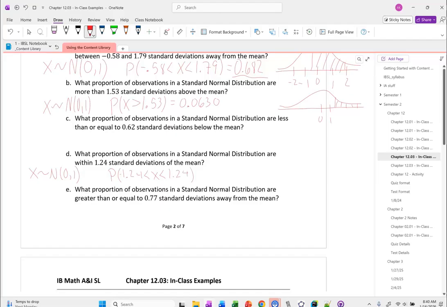So it's within, the mean is at 0, so 1.24 above and 1.24 below, that's what we want. Does that make sense? So again, nothing meaningfully different about how to do this other than the verbiage. What'd you get? 0.755. Perfect. Yep.